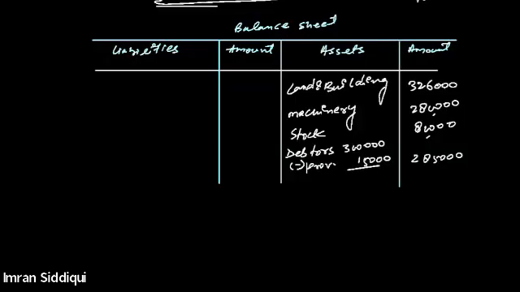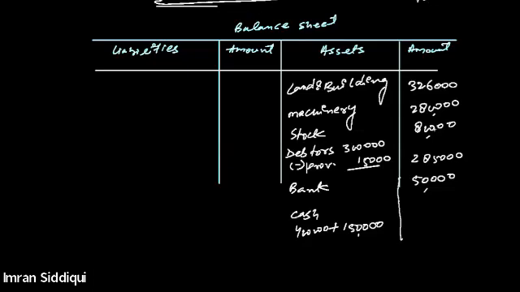So the bank balance was earlier 50,000, and now there will be cash available: 4 lakh plus 1,50,000 brought in as premium for goodwill. The total cash in the business will be 5,50,000. Is that clear? Yes, sir.